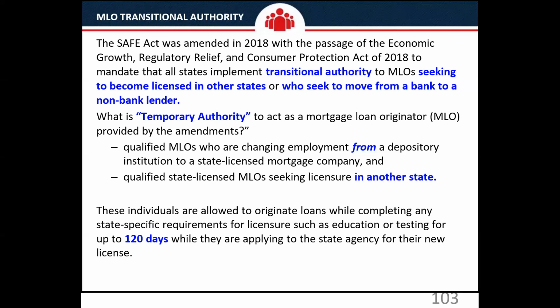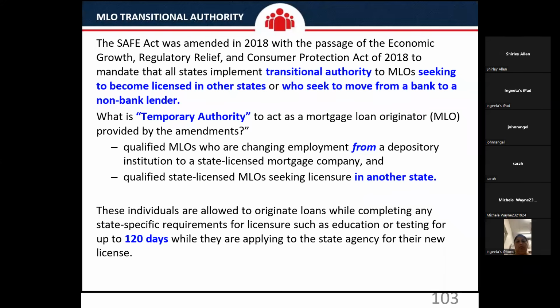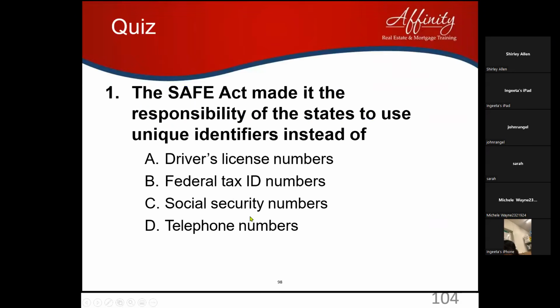So if you are working at a bank and you want to get out of that bank and become a mortgage loan originator on your own, then you have 120 days to convert, or you can keep on making loans while you're in the transition. It's called temporary transitional authority, either one.